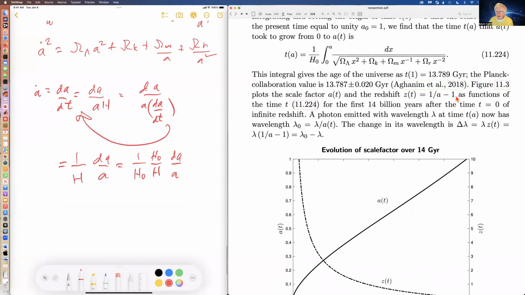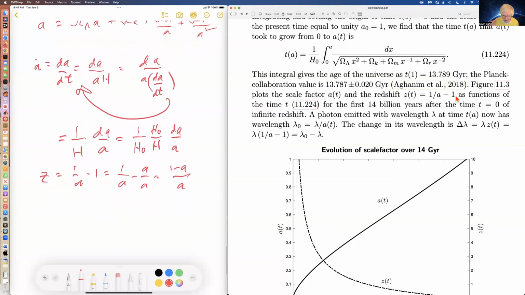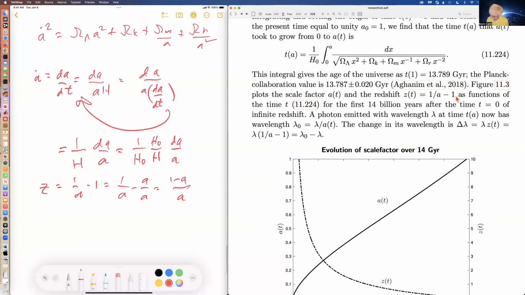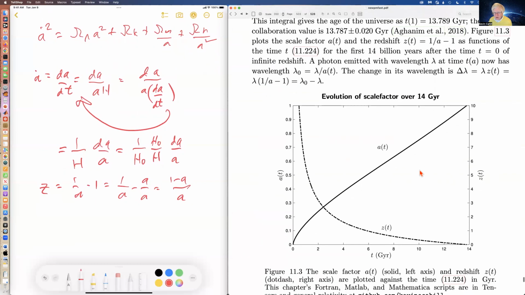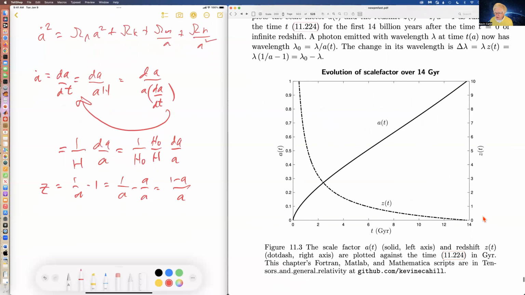So the idea here is that Z is 1 over A minus 1, so this is 1 over A minus A over A, so this is 1 minus A over A. And you might say that's weird, but remember, the astronomers have A equal to 1 at the present. It was always smaller in the past. Anyway, that gives us then Z, and here's Z of T.